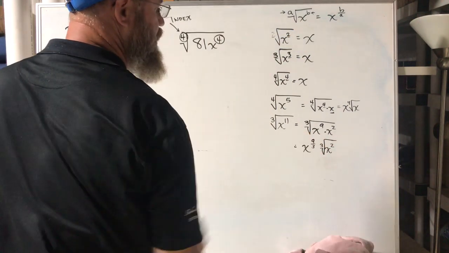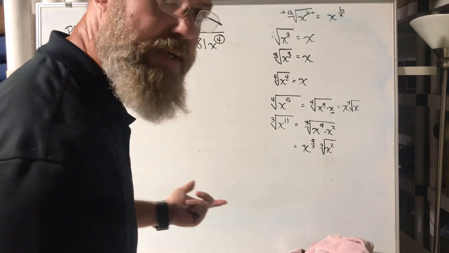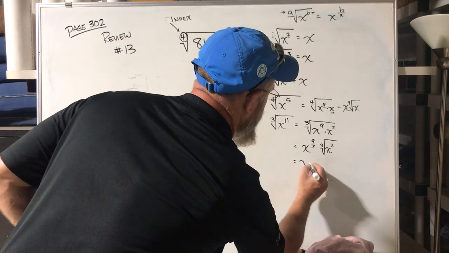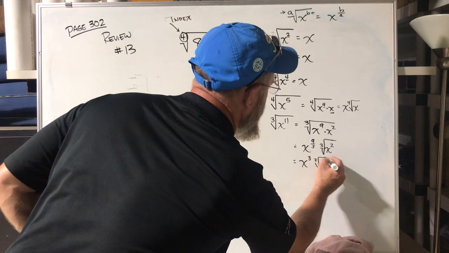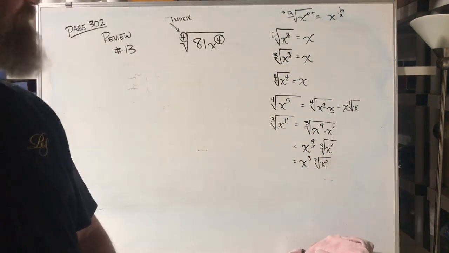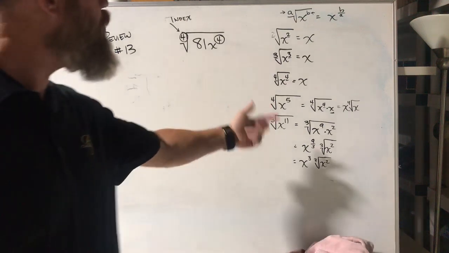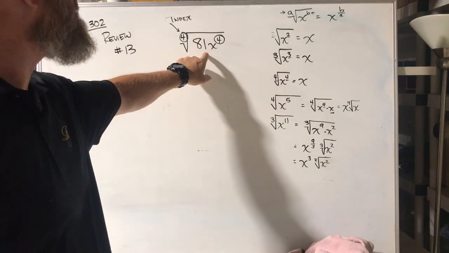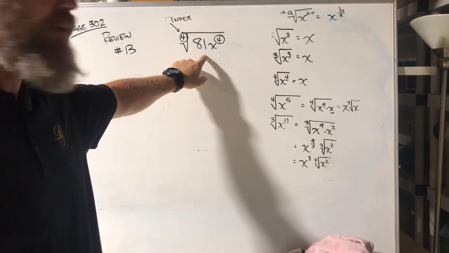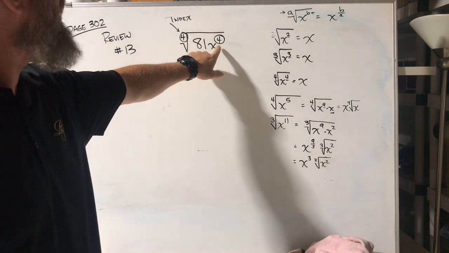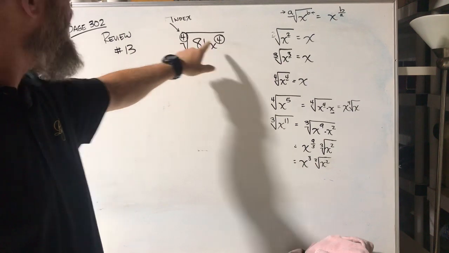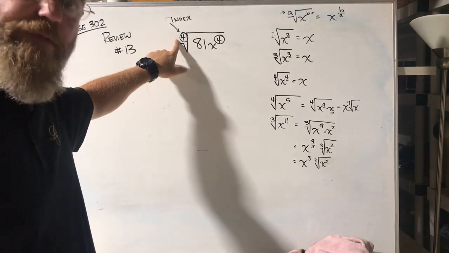What's x to the 9 over 3? Well, 9 over 3 is 3. So that equals x cubed times the cubed root of x squared. It's the same thing. All right? So that's how we deal with these simplification problems. Okay? So in number 13, you have x to the 4th, and you have an index of 4.